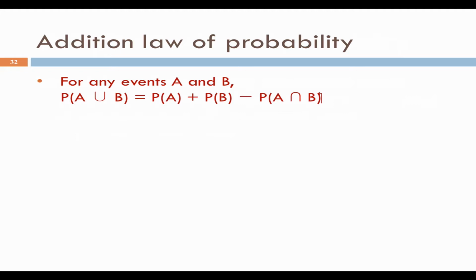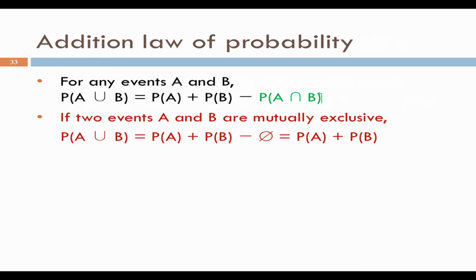So after you do the addition, you need to subtract that intersection area, which you actually counted twice. Does that make sense? So this is called the addition law of probability.